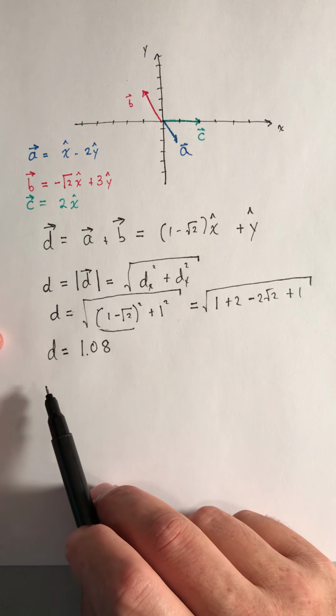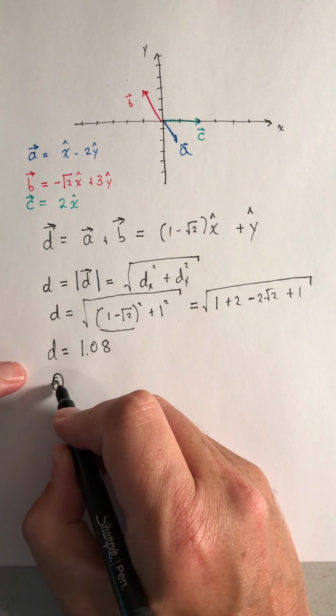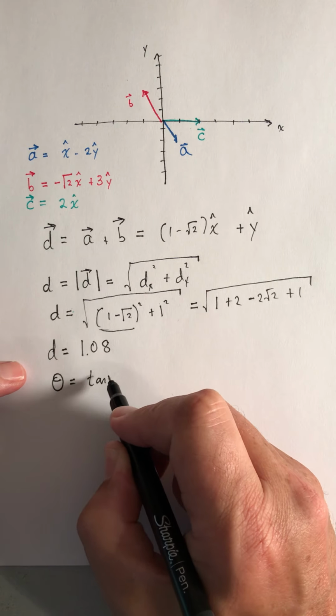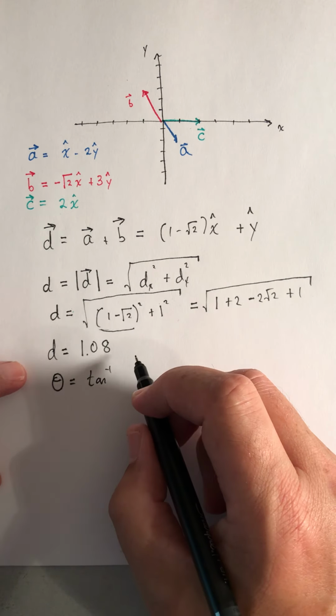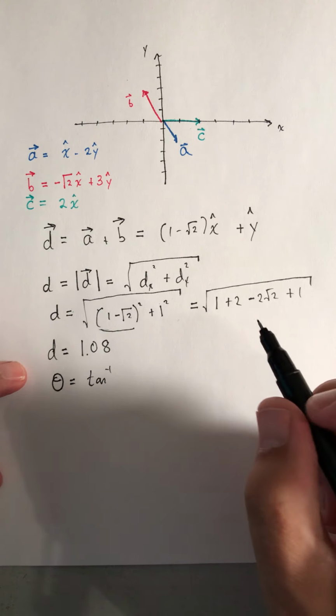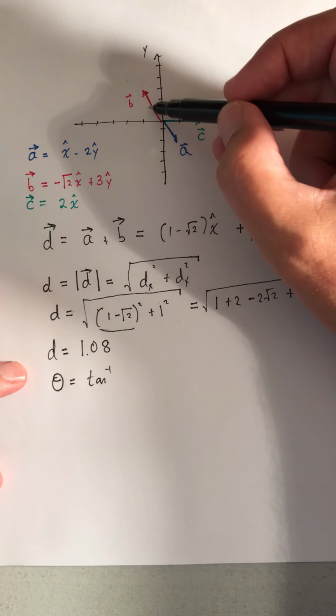And then what direction does D point? Take the arctangent of the y component over the x component. D is going to point pretty close to along B, but it's not quite as long.